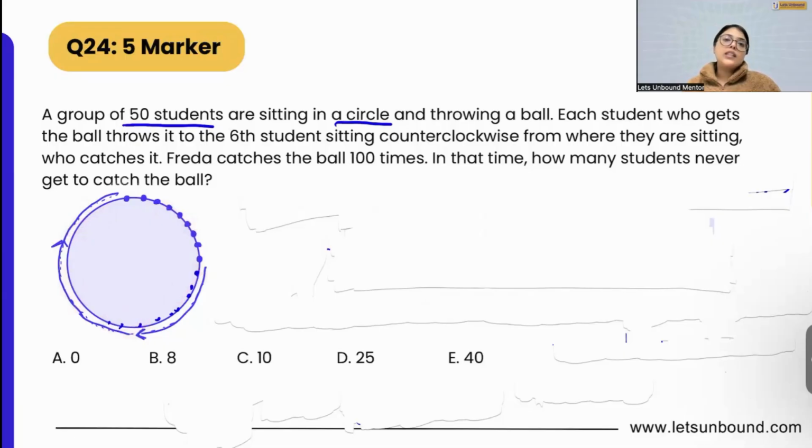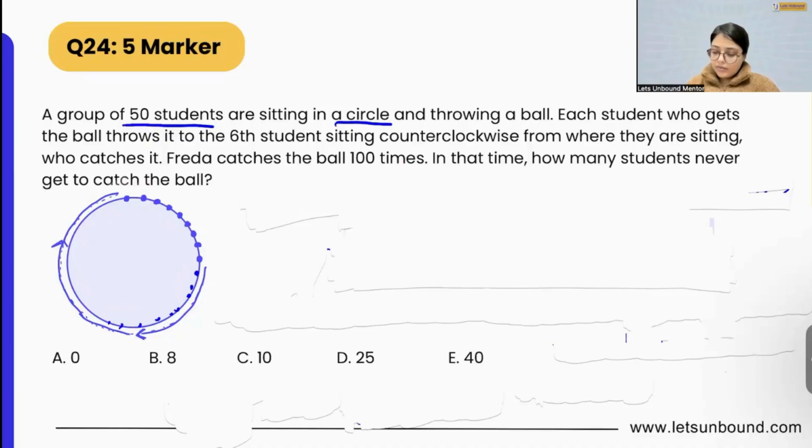And after a certain pattern, there will be a fixed number of students who are going to get the ball, right? So first, Freda catches the ball 100 times. That's okay. But our focus should be: after how many throws does Freda get the ball?